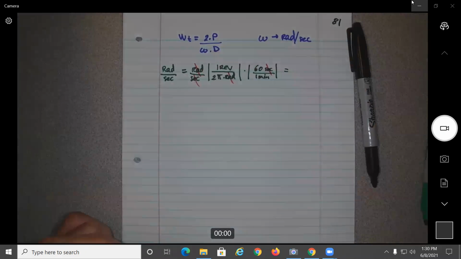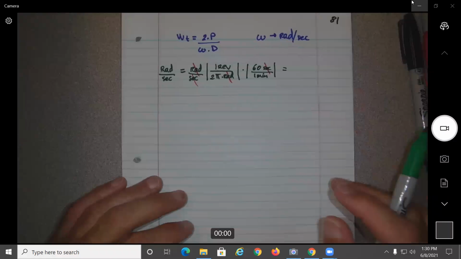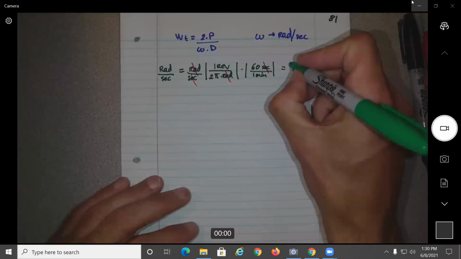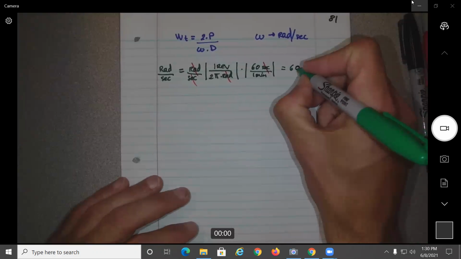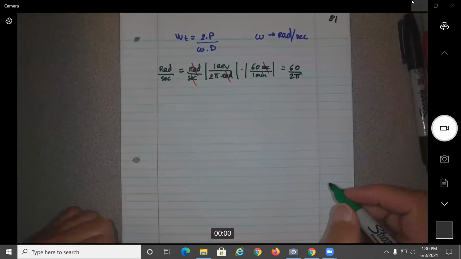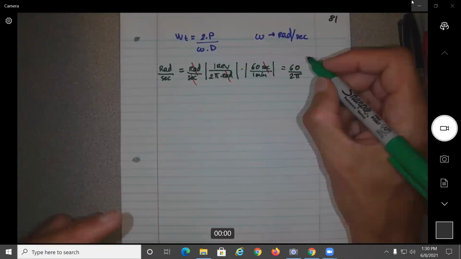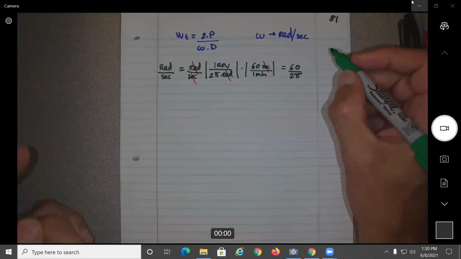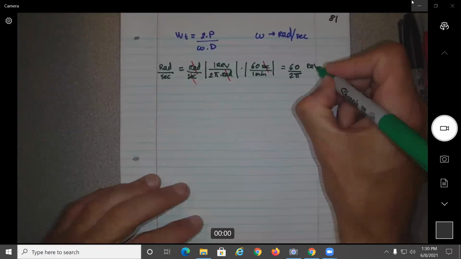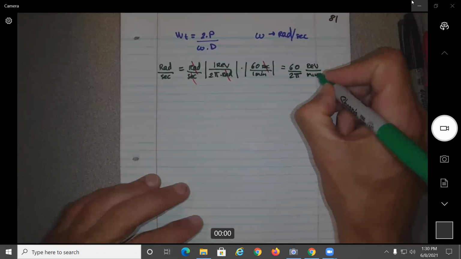So the transformation from radians per second to revolutions per minute will be 60 divided by 2 pi, omega. So it will be revolutions per minute.